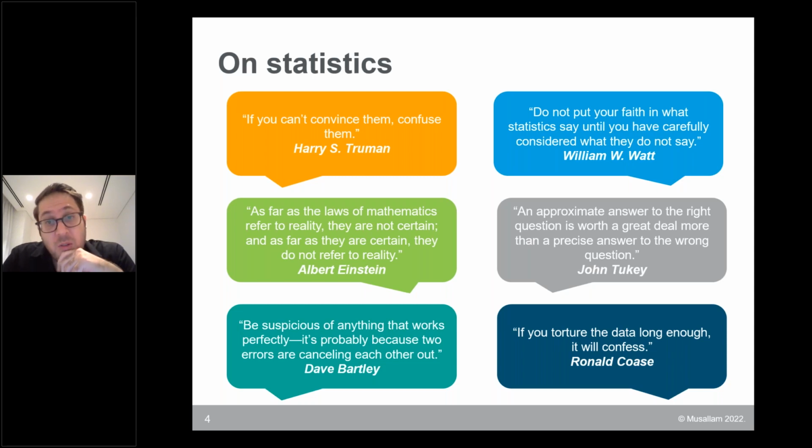An approximate answer to the right question is worth a great deal more than a precise answer to the wrong question. And we'll talk about precision in statistics in this course and next week. If you torture the data long enough, it will confess. Obviously, that was referring to something else, but that is kind of true sometimes.